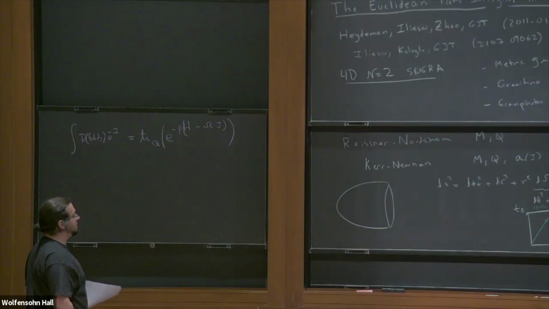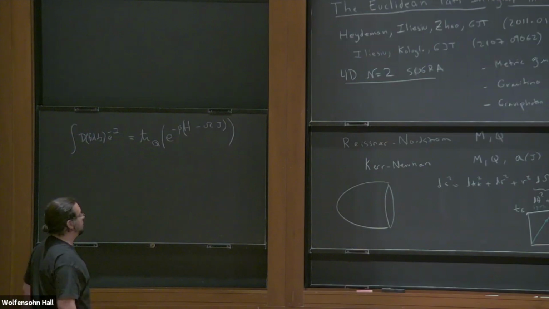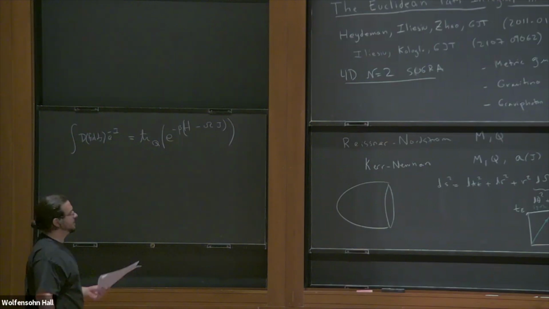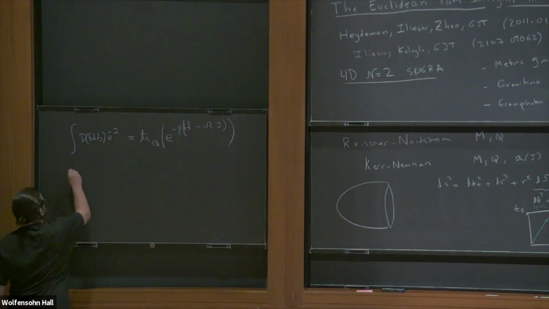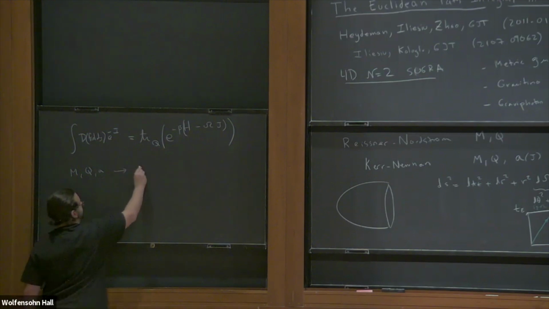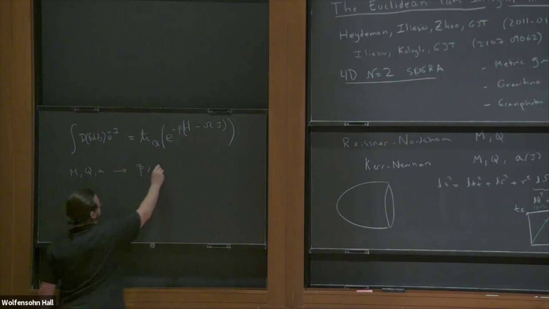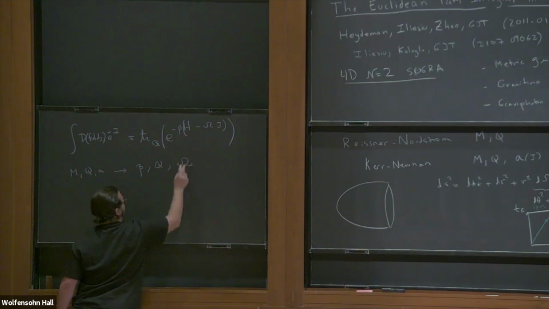Okay, so as I said, one contribution is the Kerr-Newman black hole, which is usually written, or more easily written, in terms of M, Q, and a. But for this ensemble, we want to write it as a function of beta, Q, and omega.